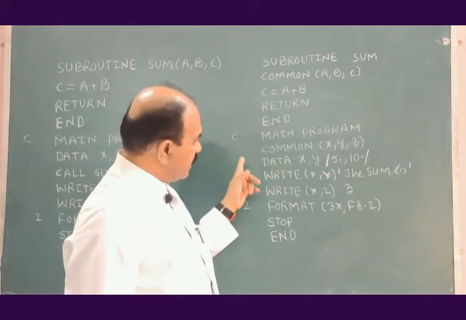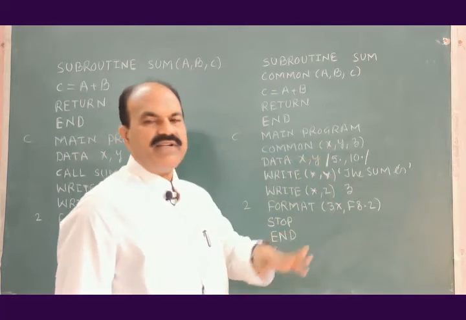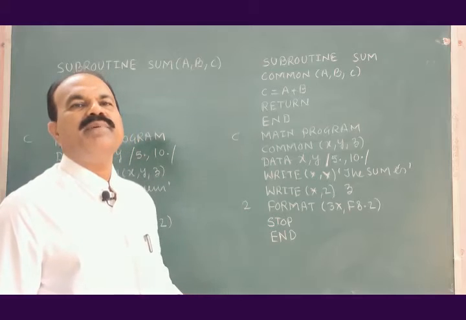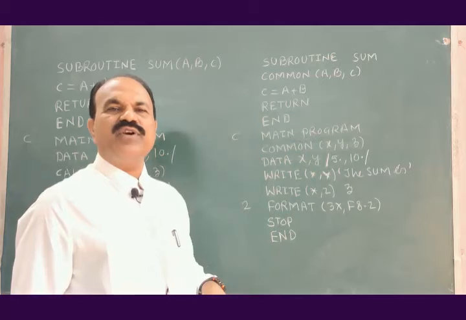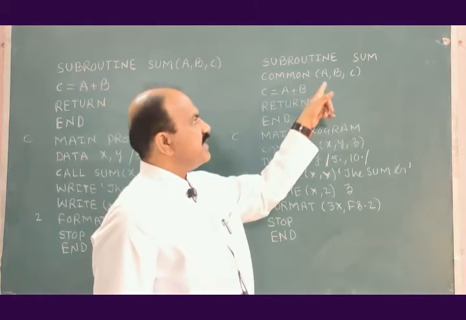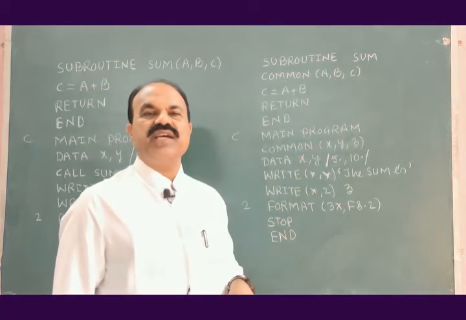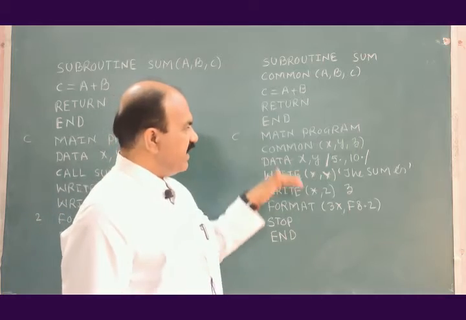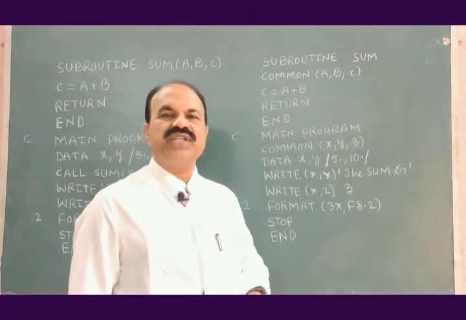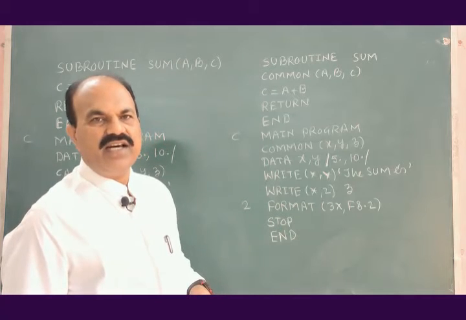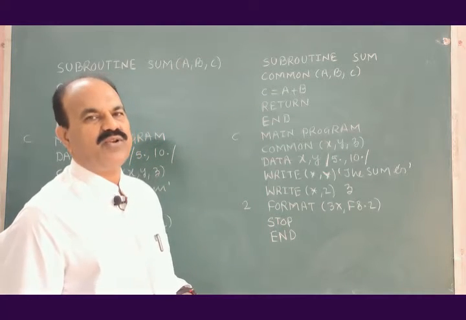With common a, b, c, common x, y, z, the same memory area is reserved for a, b, c as well as for x, y, z, because a, b, c here are used as dummy arguments, and when we do the actual calculation x, y, z will be used as the real or actual arguments.